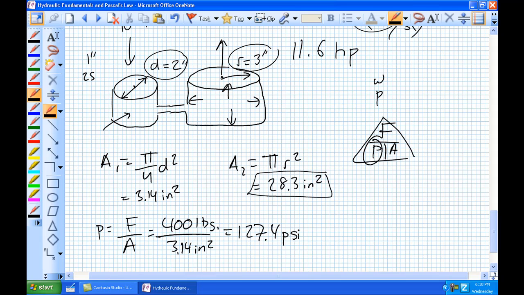So what is the force being applied upwards by the disk of area 2? Force is equal to pressure times area. We've got our area, we've got our pressure.